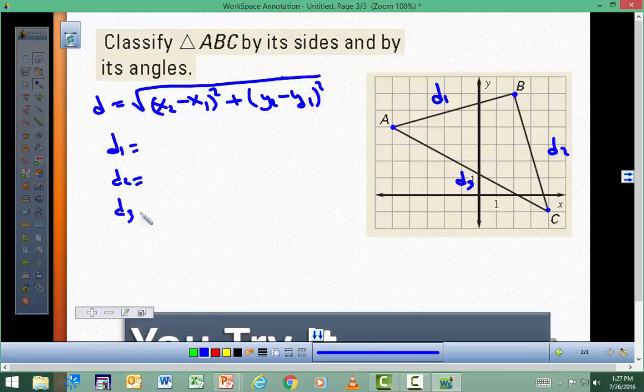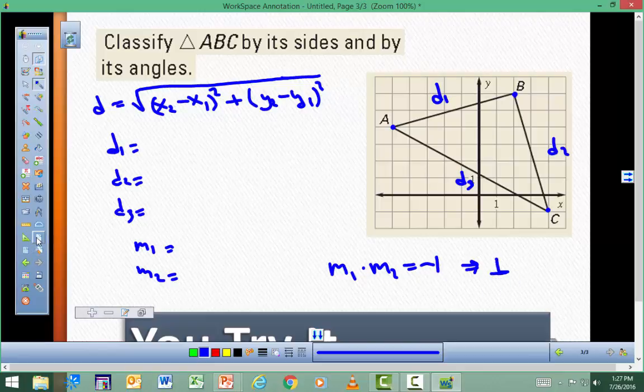Then you're going to find slope number 1, slope number 2. And you could just check and see this product here. If slope number 1 times slope number 2 is equal to -1, then that would mean they're perpendicular segments, and so we'd have a right triangle.